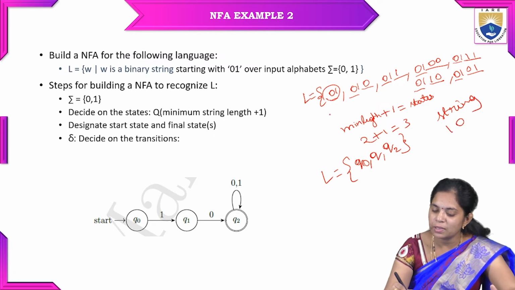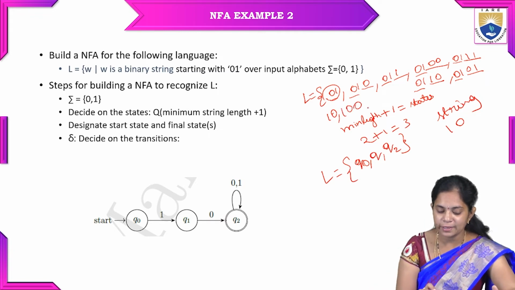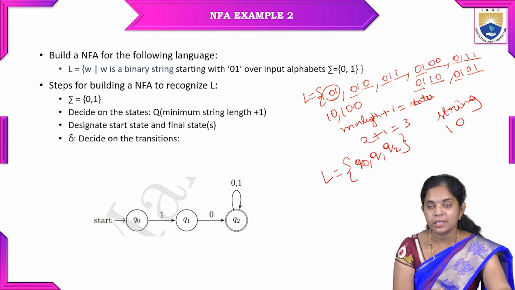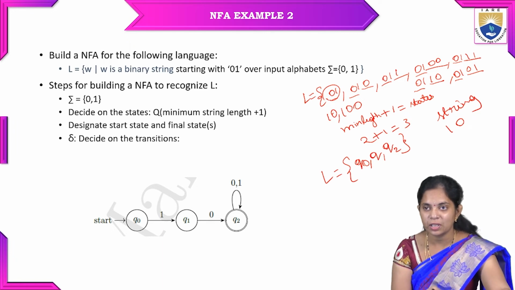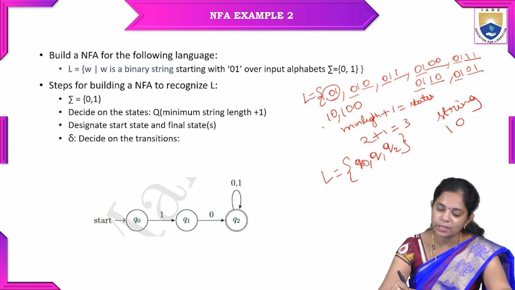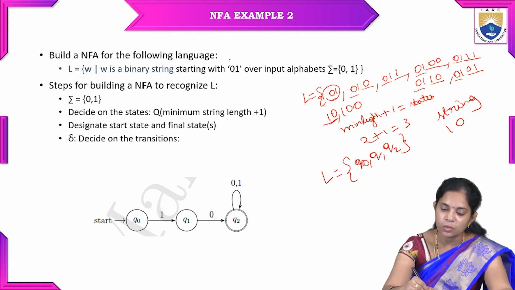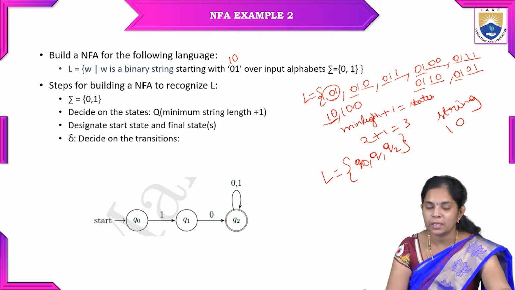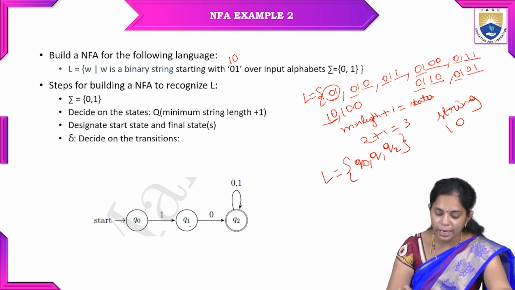One more example: the strings which contain 10. The same thing for 10, we will construct an NFA. Here q0 is the starting state, and q2 is the final state. So it should satisfy the 10 condition.